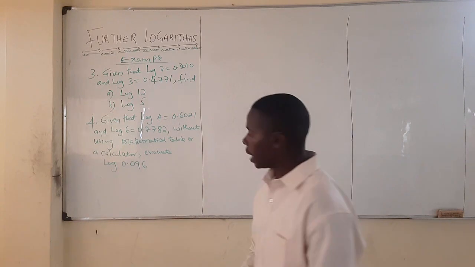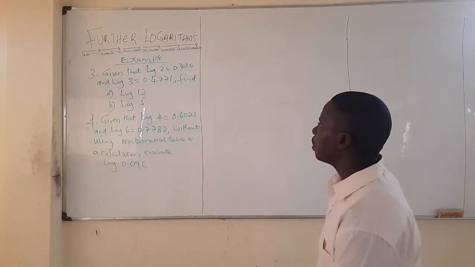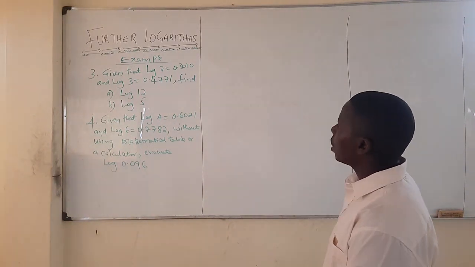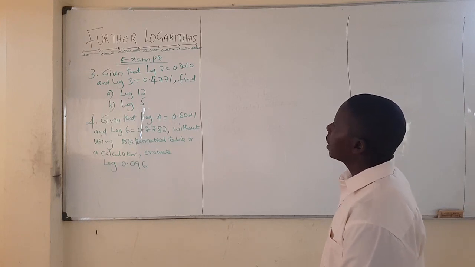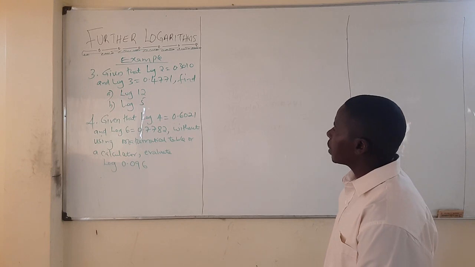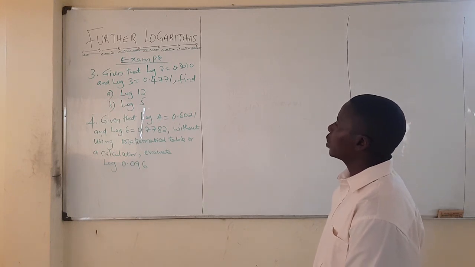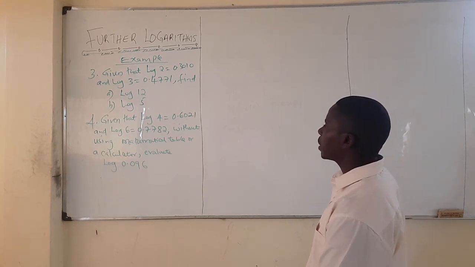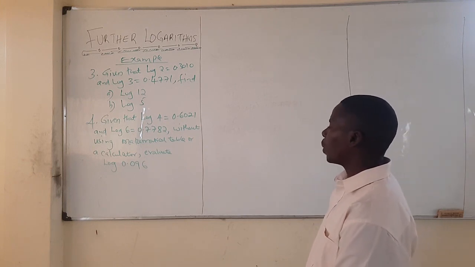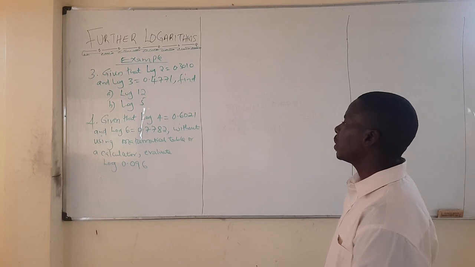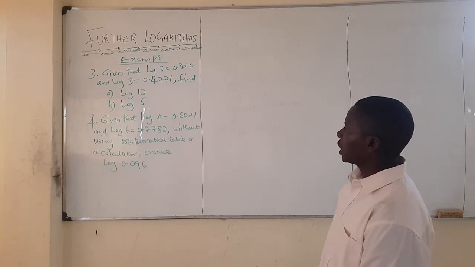So that is the log of 5 is 0.6990. So example 4, we have been told, given that the log of 4 is equal to 0.6021 and the log of 6 is equal to 0.7782. Without using mathematical table or a calculator, evaluate the log of 0.096.